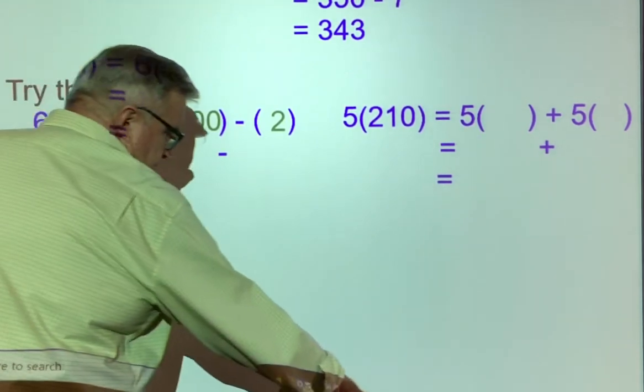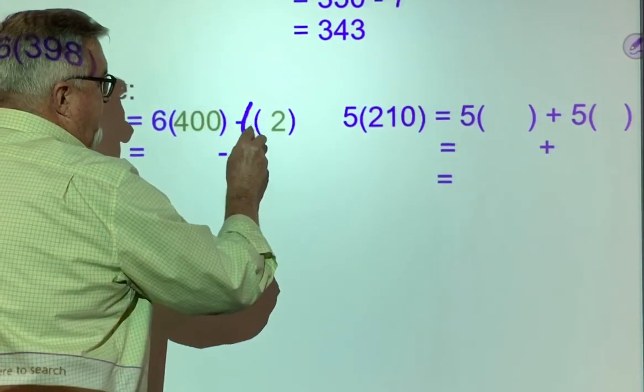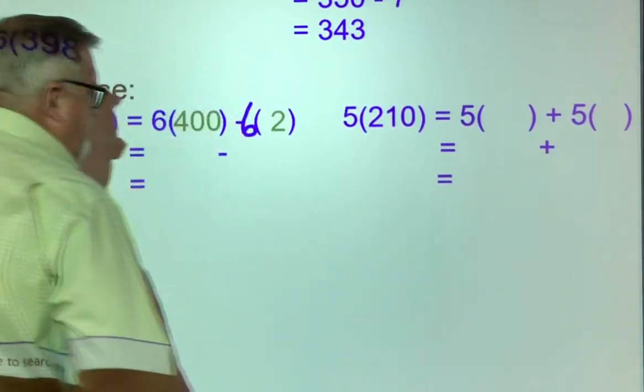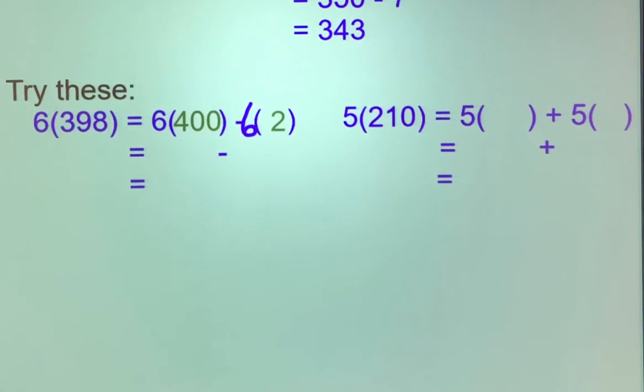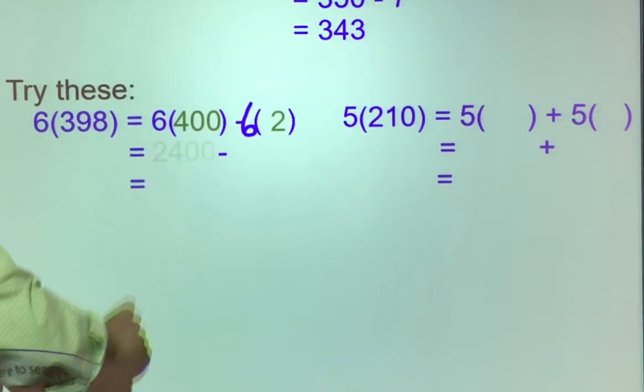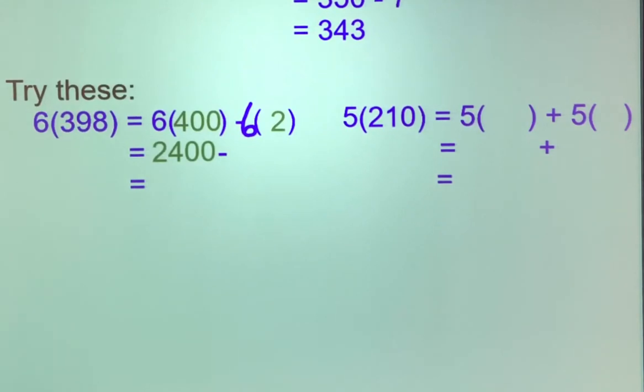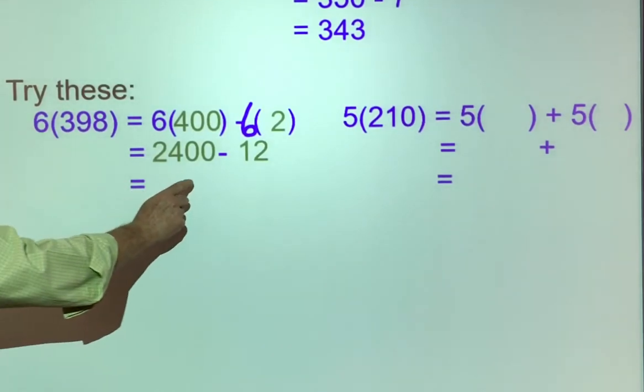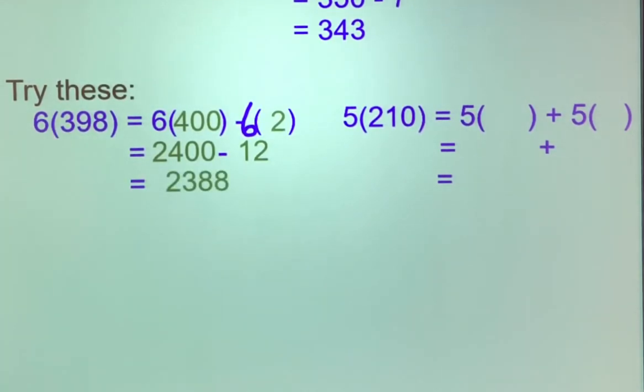Left out a 6 there, I'll put it in there for us. And then as we go on, we've got 6 times 400 is 2,400 minus 6 times 2, which is 12, which will give us a product of 2,388.